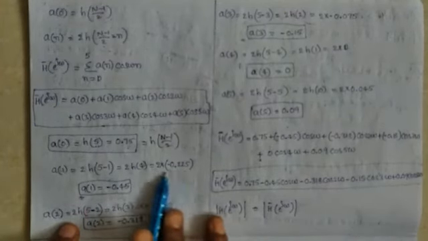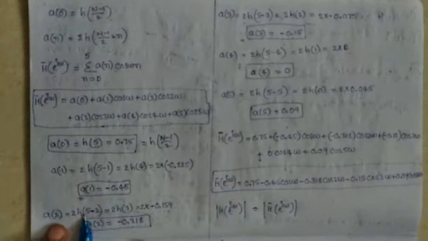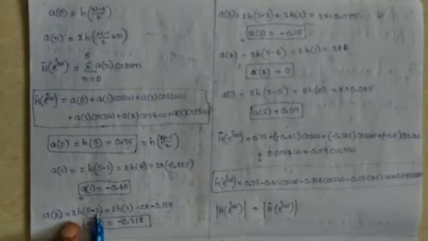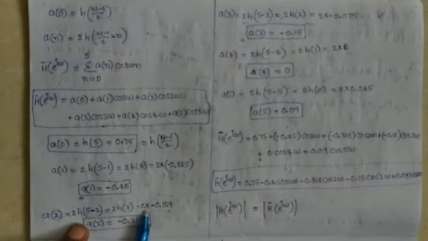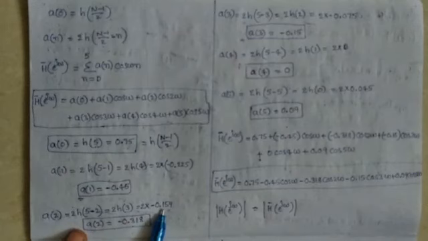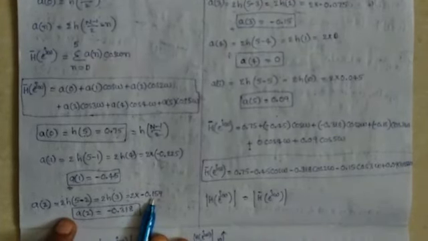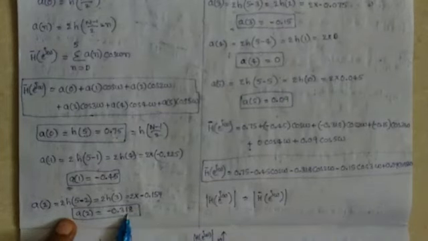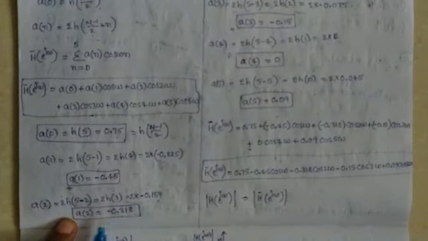Similarly a of 2: 2 into h of (5 minus small n), n is 2, so 5 minus 2 means 3. 2 into h of 3, whose value is minus 0.159, is equal to minus 0.318. So a of 2 is minus 0.318.